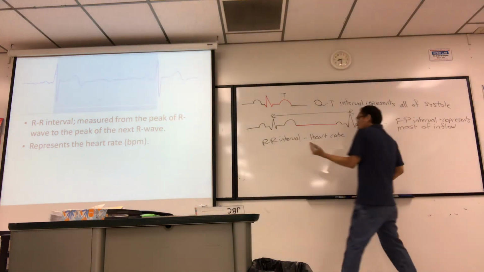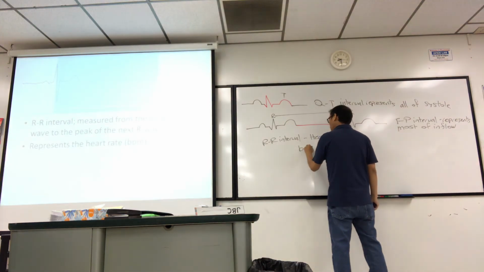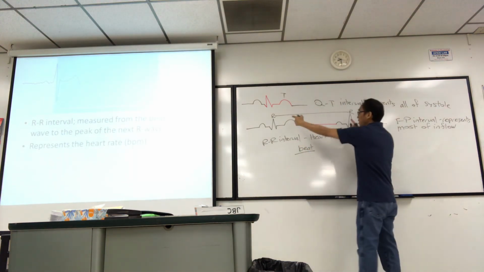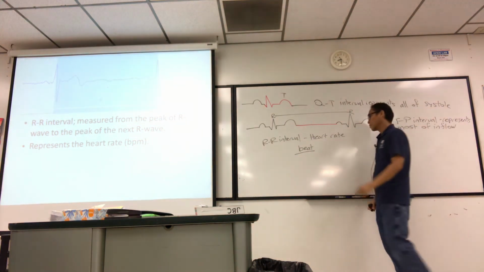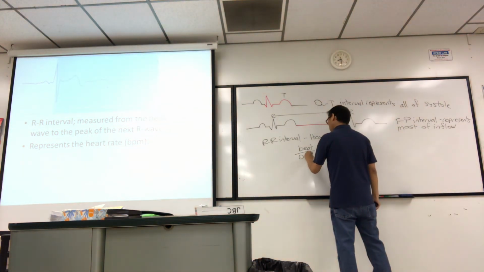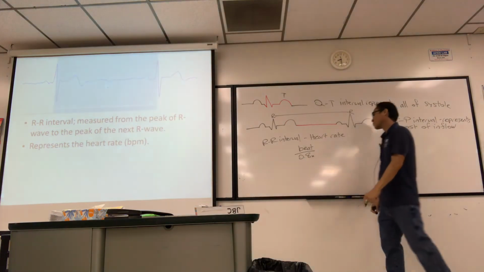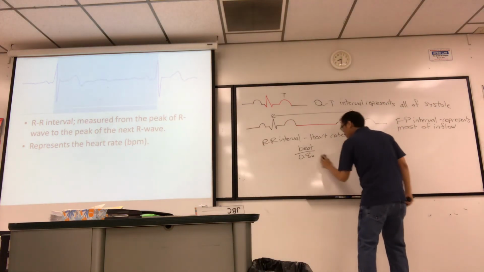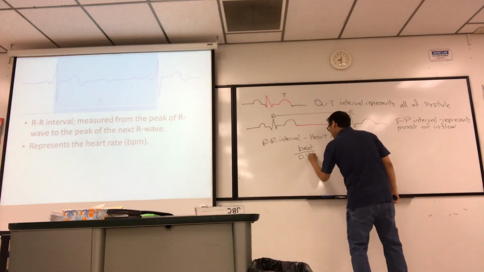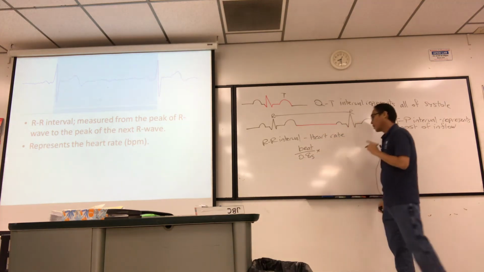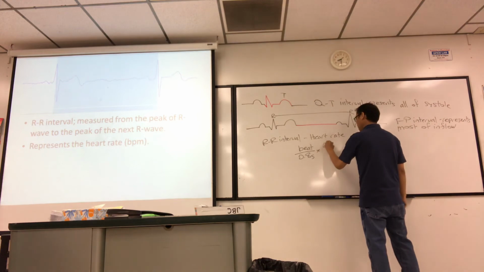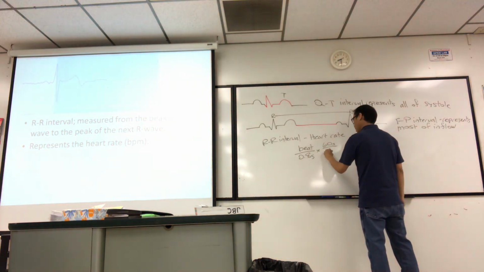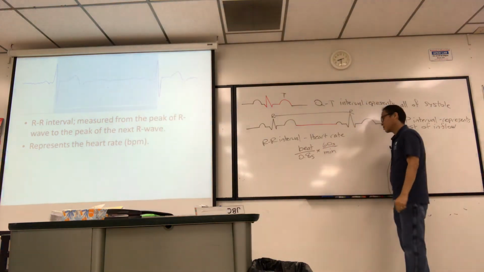So if one heartbeat, let's say you measure the garden variety, 0.8 seconds. We've got x. Multiply that by how many seconds in a minute? 60. Okay, so do that math.